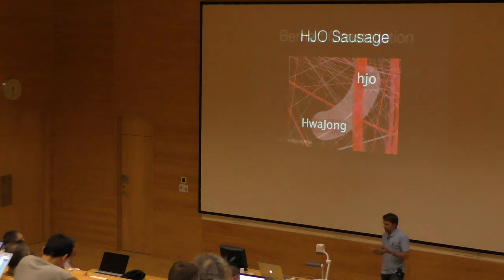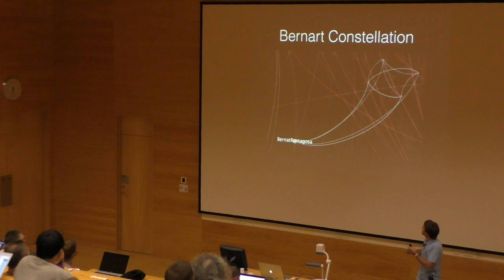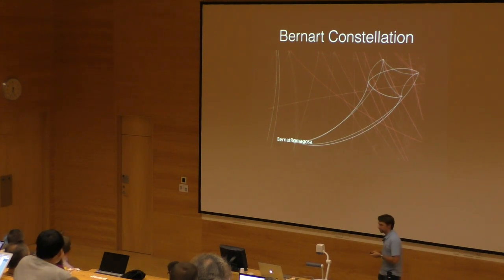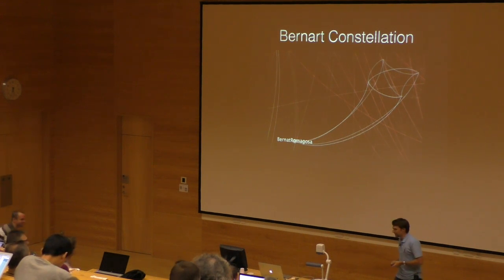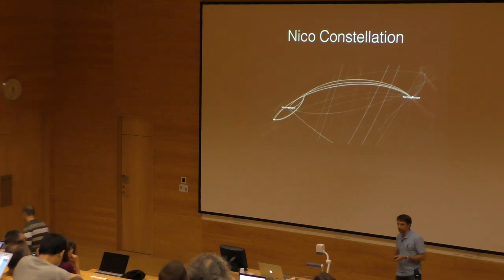And then there is a Bernard constellation, again showing one main guy collaborating with some other satellites. And then there is a Nico constellation where there was Nicolas Petton.